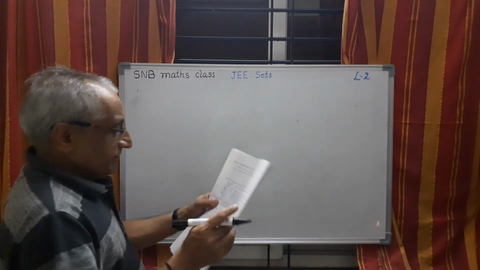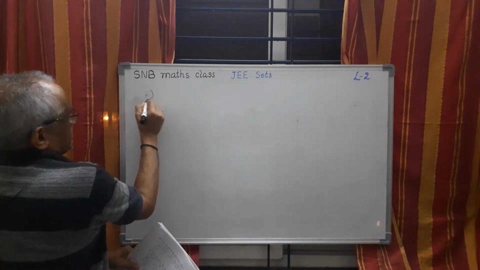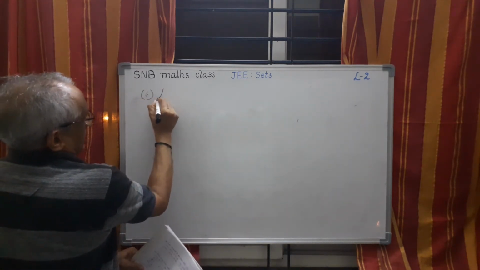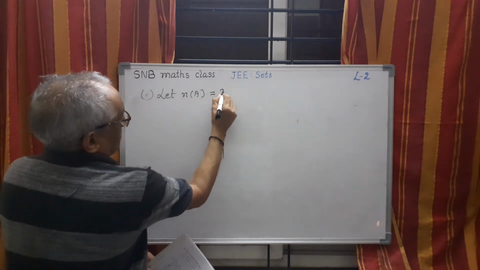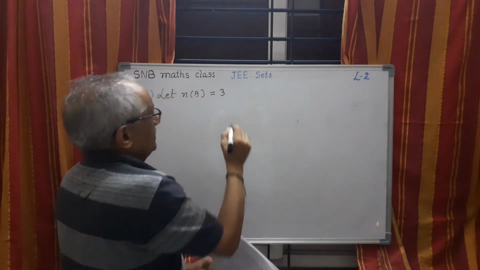So let us take the 6th question. Let number of A equal to 3 and number of B equal to 6.